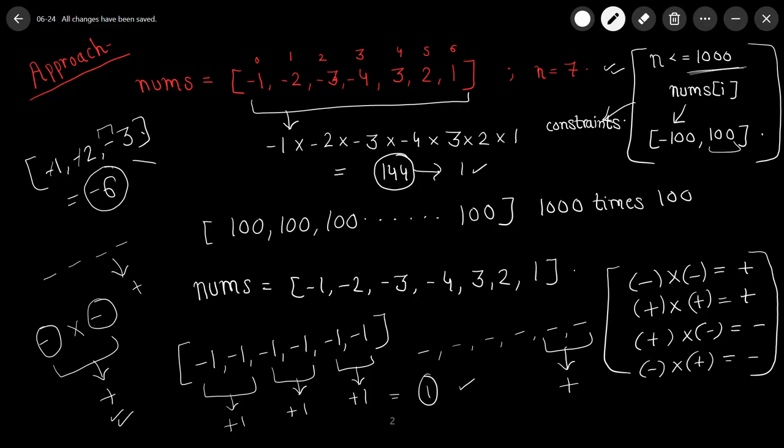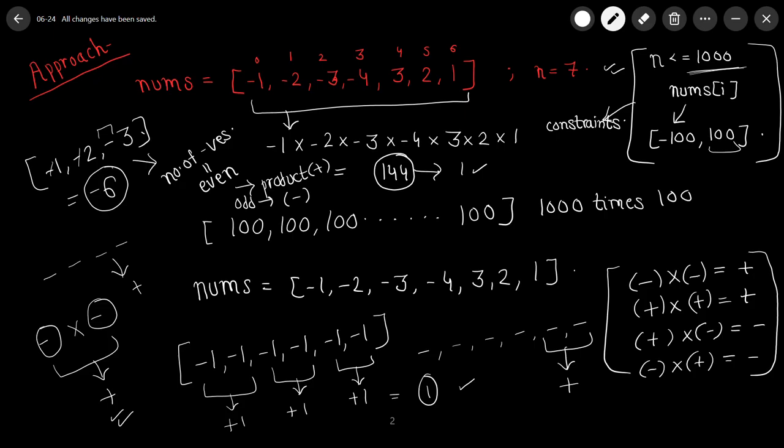So if the number of negatives is even, then they will cancel out each other and result in a positive product. And if it's odd, then it's negative. This is the idea we will be using.